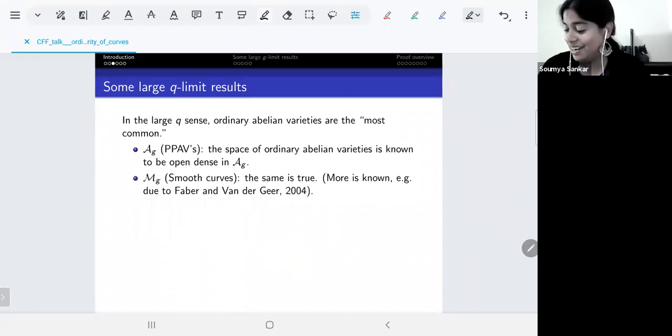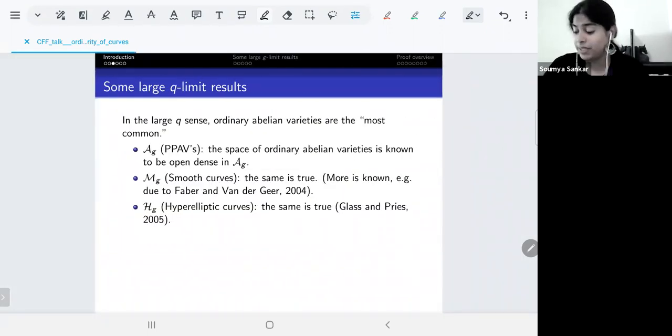This result was mentioned earlier during the conference, where you talk about the codimension of the p-rank less than or equal to s locus. For hyperelliptic curves, the same is true.